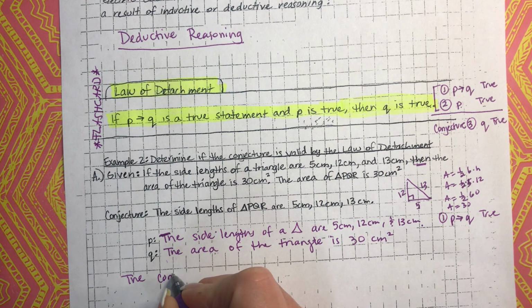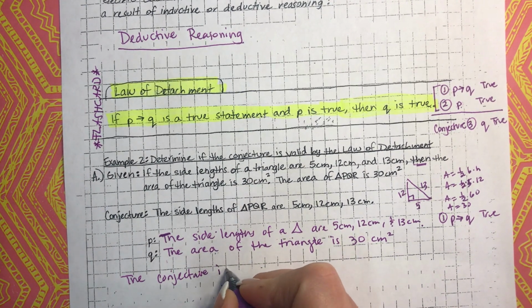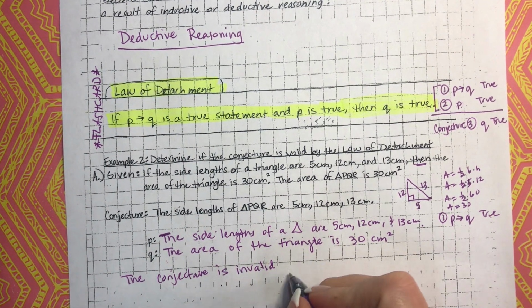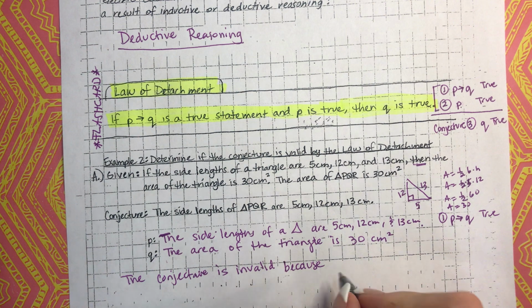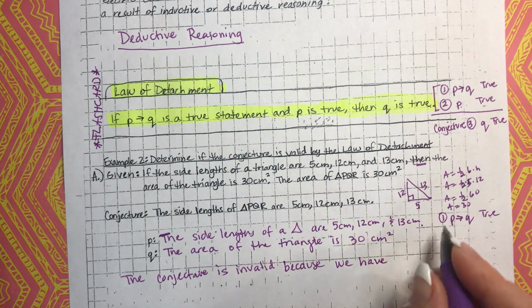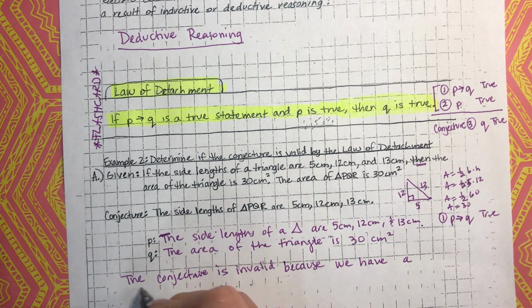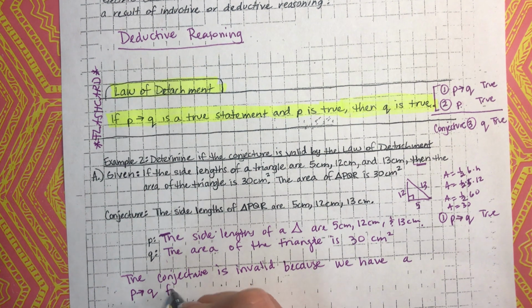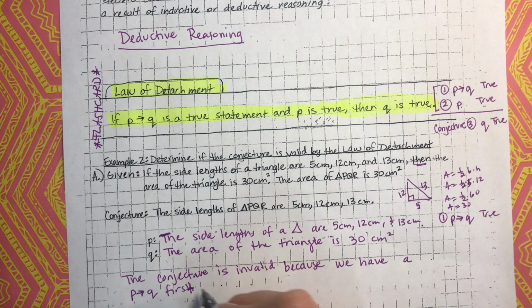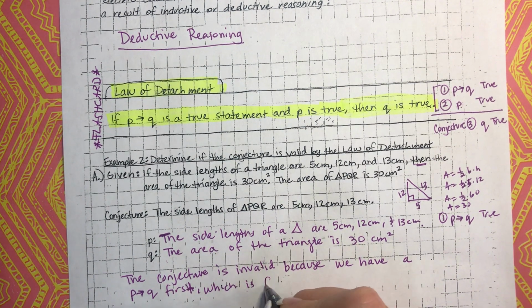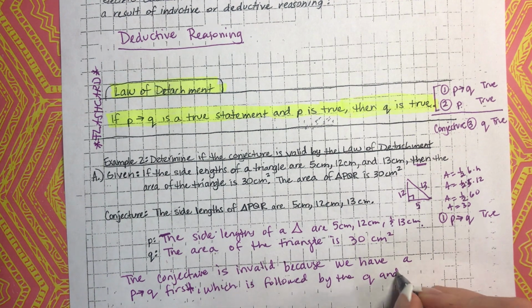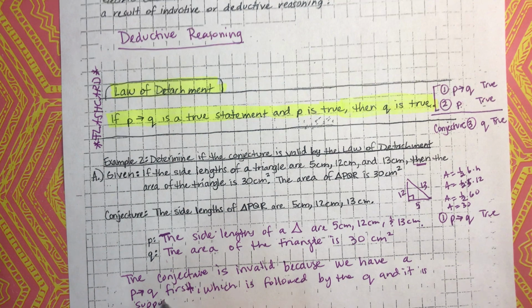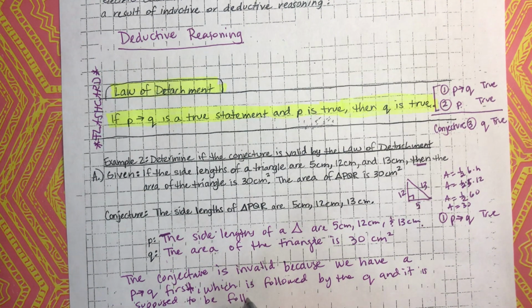And we would write the conjecture is invalid because we have a conditional statement first, and then the next sentence is followed by the Q, and it is supposed to be followed by the P, the hypothesis.